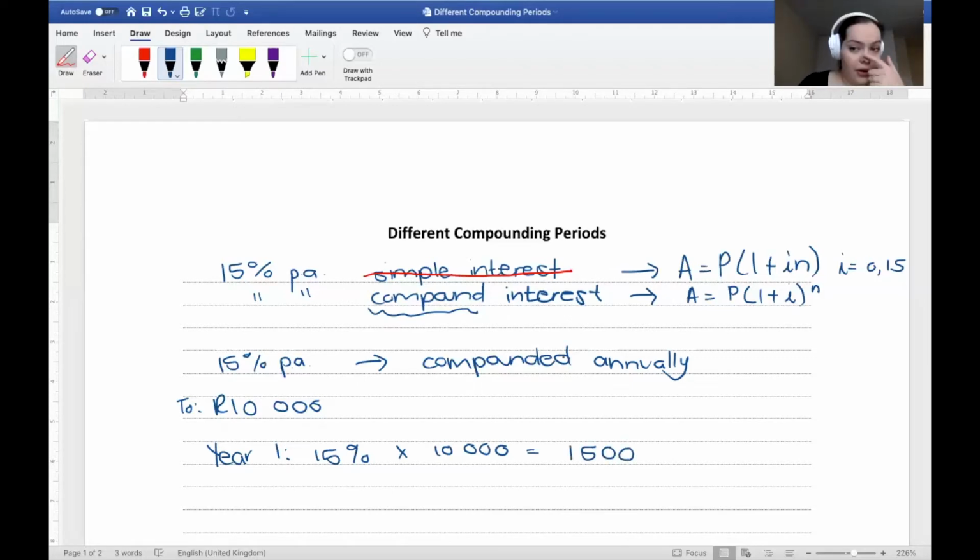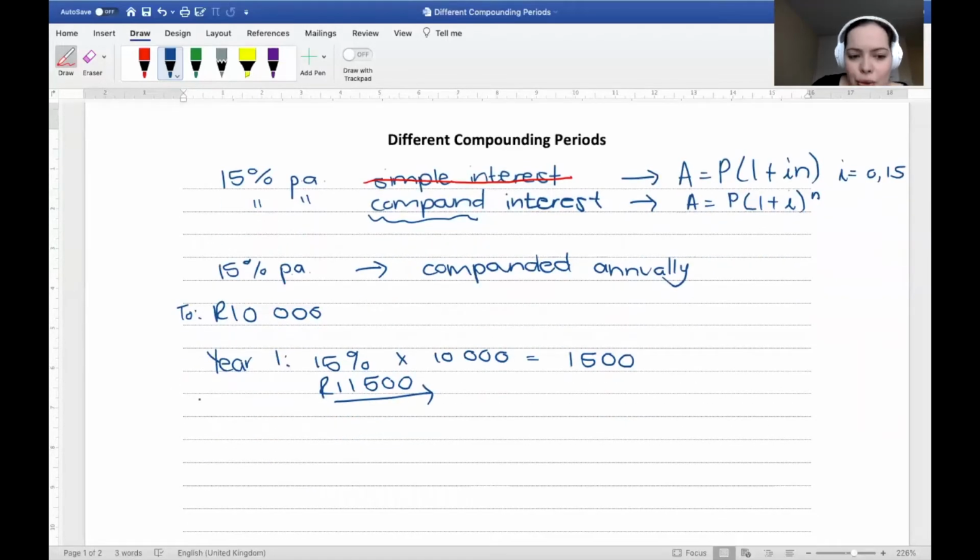So we're going to add that to their account, which means that at the end of the first year, we'll end up with 11,500 Rand. Then at the end of year 2, that's when they look again at our accounts and they say, okay, now they've got 11,500 Rand, so let's work out 15% of that and add it on.